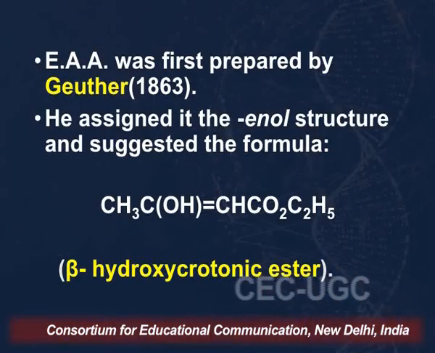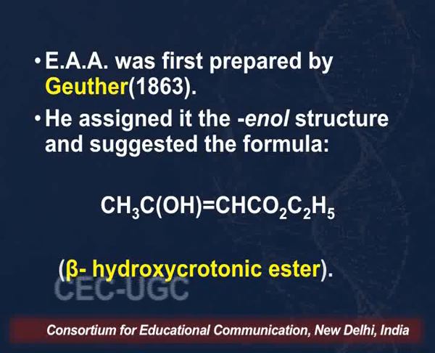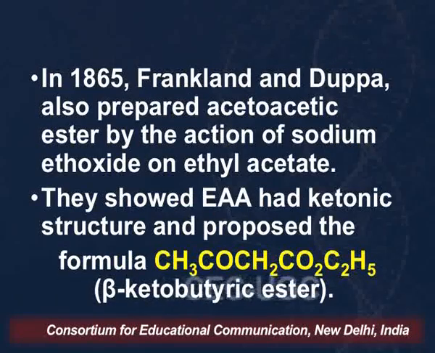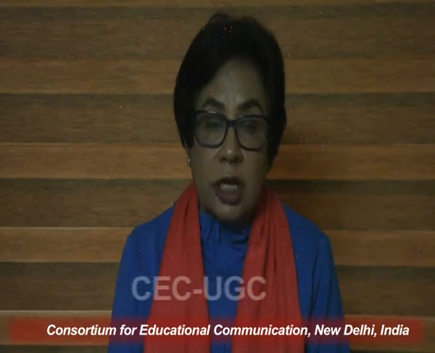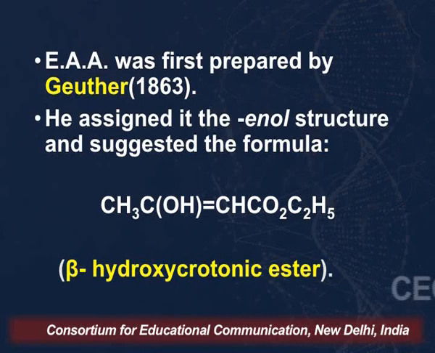Ethyl acetoacetate was prepared by Geuther in 1863, and it was also prepared by Duppa and Frankland in 1865. Geuther showed that the molecule which he had prepared was the enolic form.